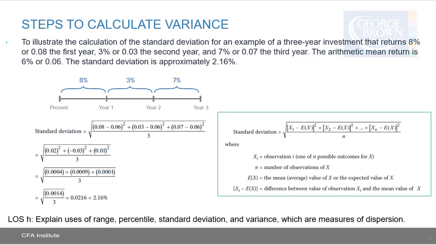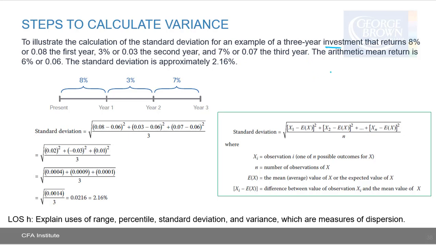Okay, we're going to work through the example that they have in the textbook just to help your understanding. What we're looking at here is to illustrate the calculation of standard deviation for an example of a 3-year investment that returns 8% or 0.08 in the first year, 3% in the second year, 7% in the third year.